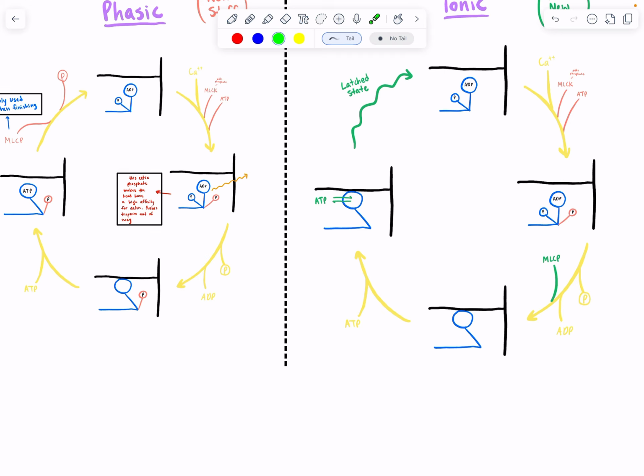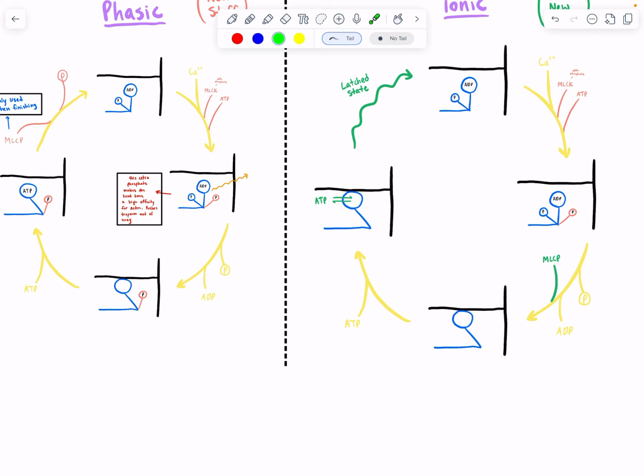And this is really important because this latch state is basically when we have ATP come in, the lack of that phosphate allows the ATP to have a little bit more trouble binding, because if we remember, the binding of ATP is what makes this go back to the cocked position, which makes it come off. So if we need that smooth muscle contracted more, then we don't need that ATP on there just yet.